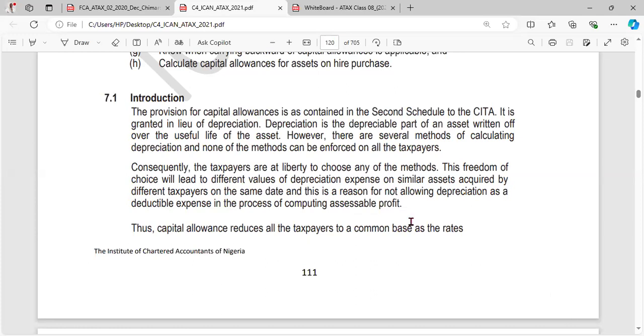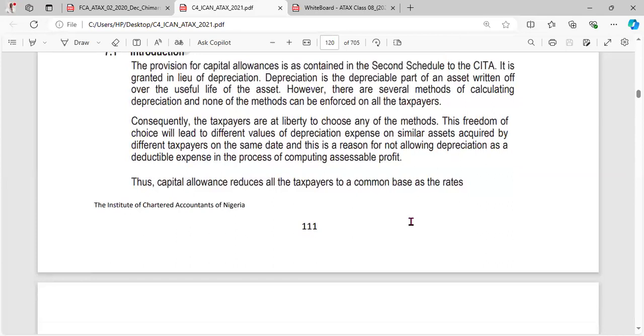And so capital allowances are introduced so that it reduces all taxpayers to a common base as the rate. It means that capital allowances does not give room for speculating the useful life of your assets and the method to use in order to get this allowance. So that's why we say capital allowances are given in lieu of depreciation.